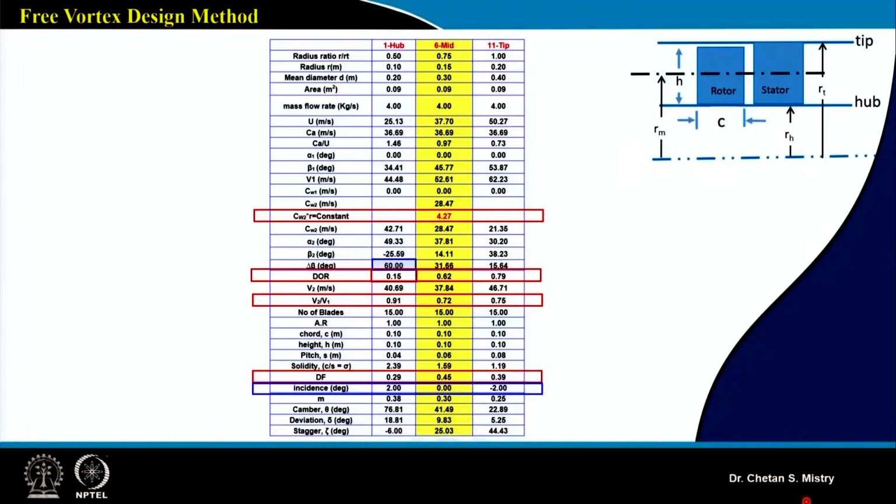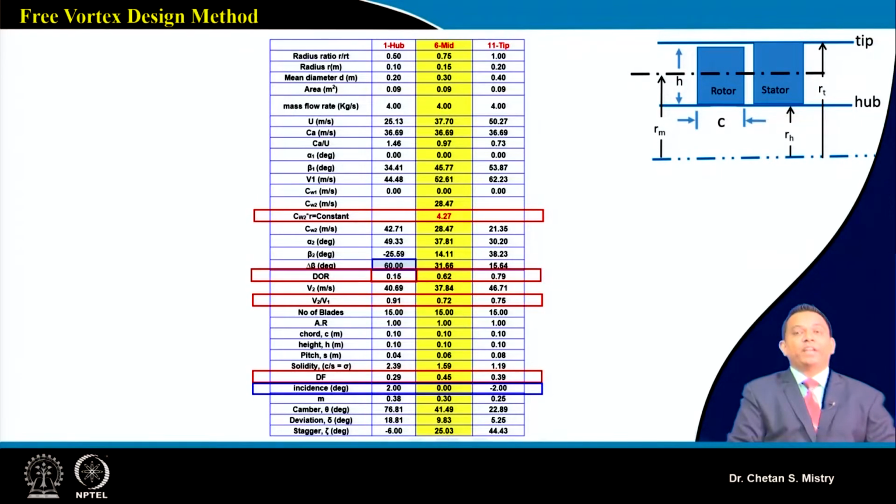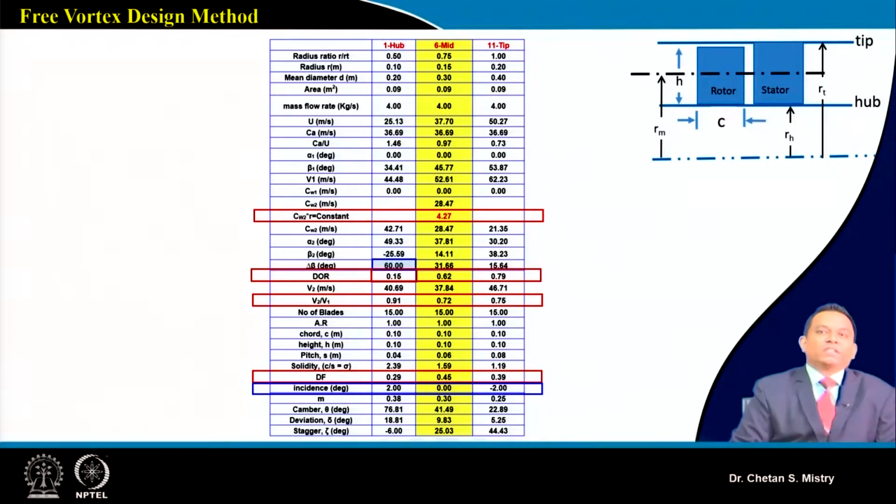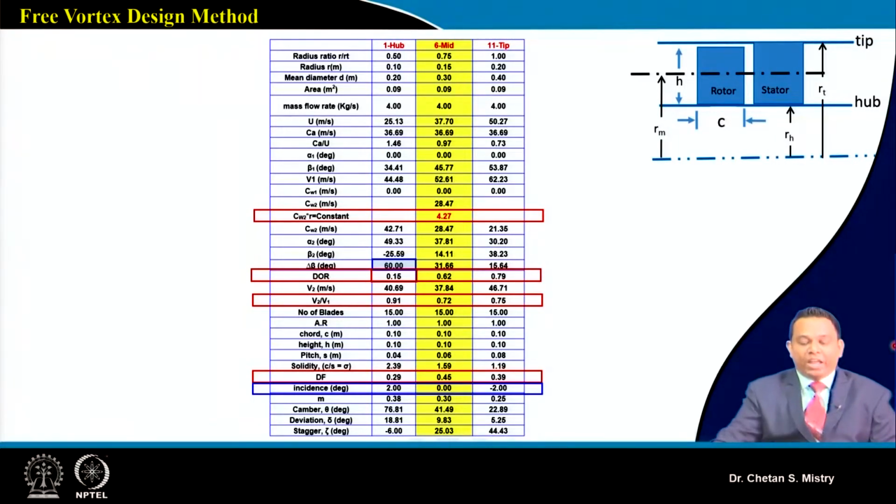In last lecture we were discussing the design of a low speed axial flow compressor for given data using the free vortex concept. And if you recall, we were discussing calculation at the mid station. So we have done our calculation at the mid station.